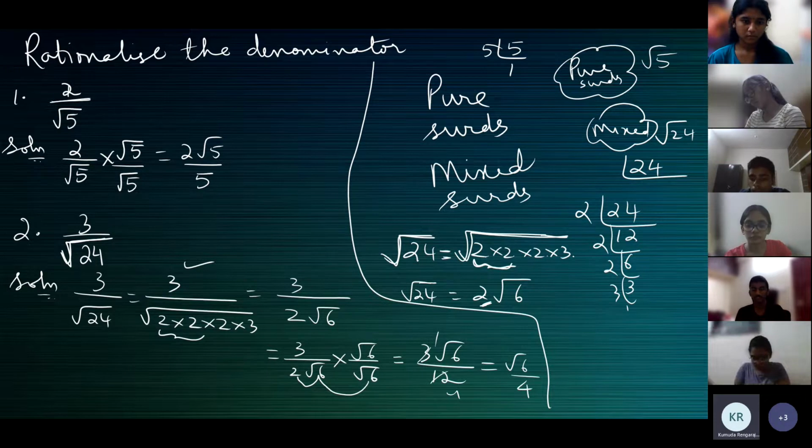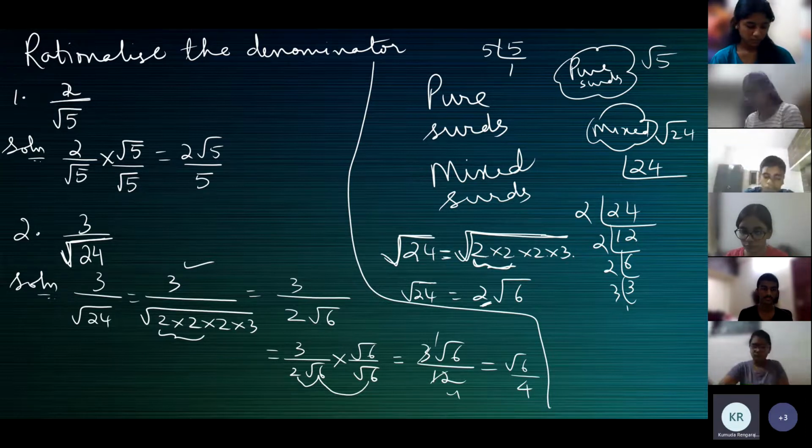You must always check if the denominator can be expressed as a mixed surd. Not always you can write it as a mixed surd. Sometimes you can, sometimes you cannot. Root 5 cannot be expressed as a mixed surd, but root 24 is 2 root 6. You must first do that and then rationalize. To rationalize, it's enough if you multiply and divide by root 6.